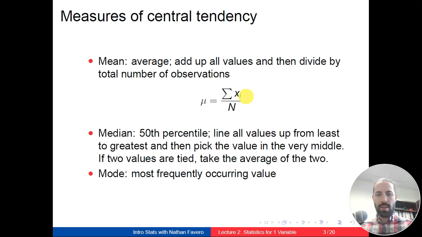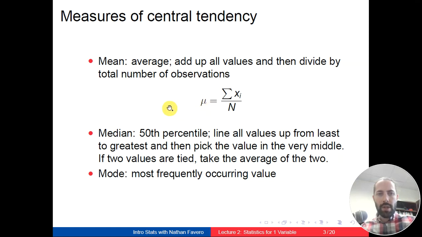So in other words, we're going to sum through by adding up each of the individuals, and we'll see other examples of this in the future. And then we're going to be dividing by capital N, which means the number of observations. So that's how we make sense of this formula: summing up all of the values of the variable and then dividing by the number of observations. That gives us the mean, which we're representing as mu.